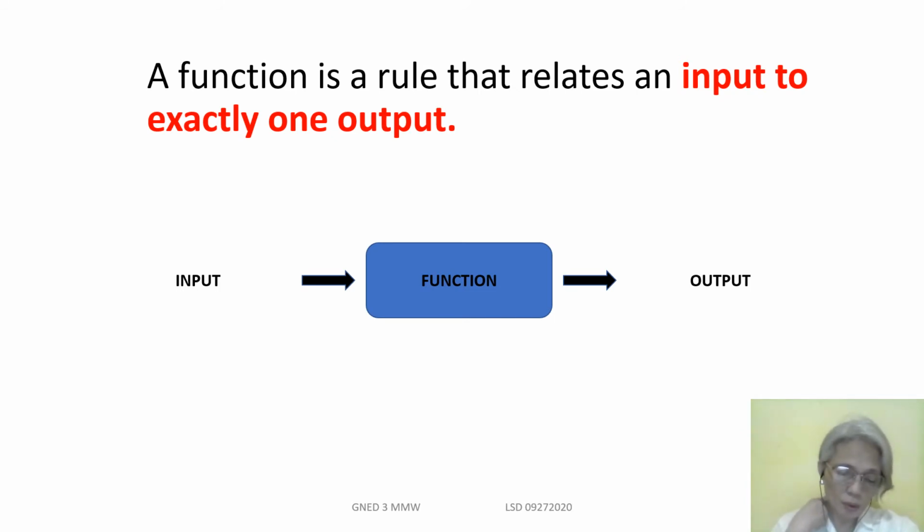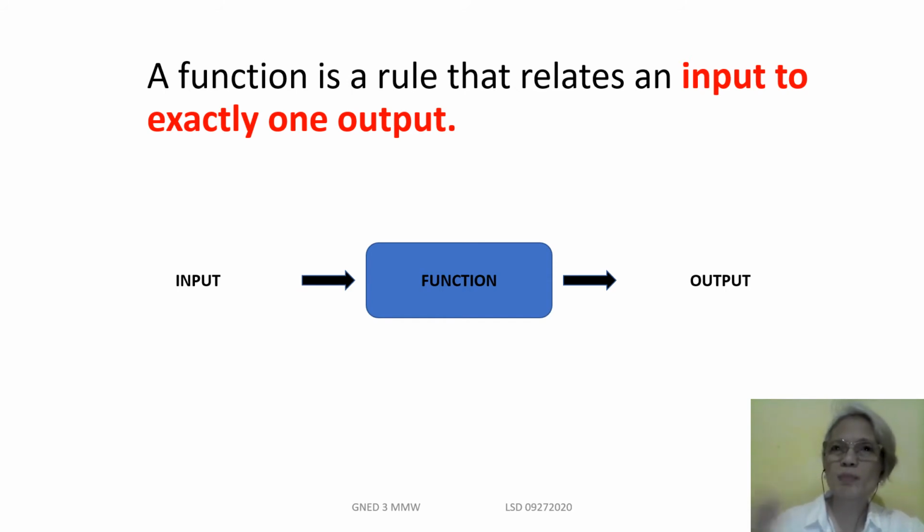So what can be the best example? For example, a person and his or her birth date. A person only has one birth date. But that person can share the same birth date with other individuals. So that's a function.